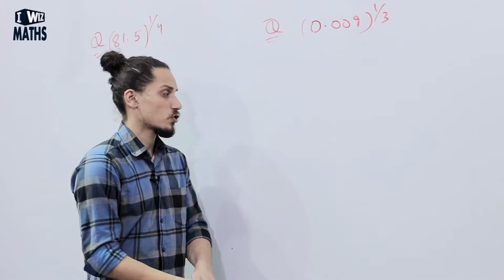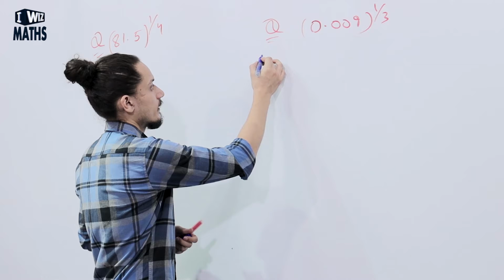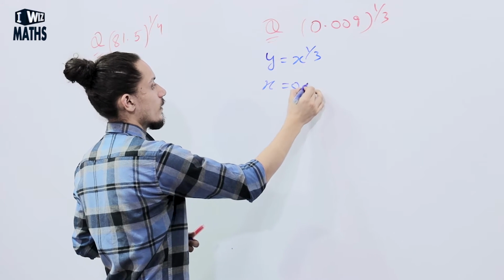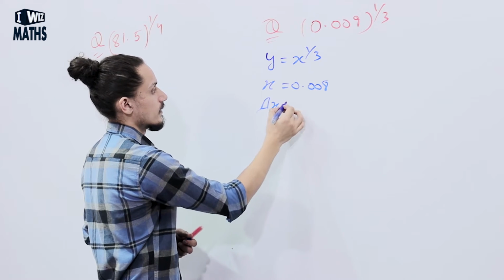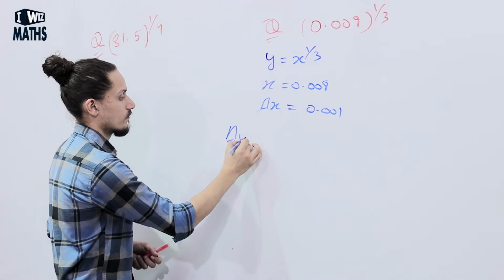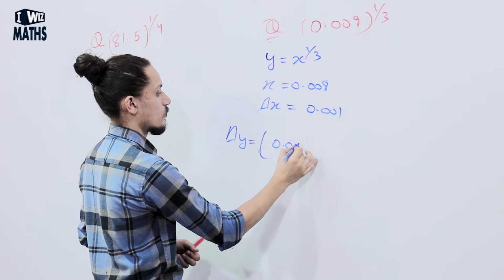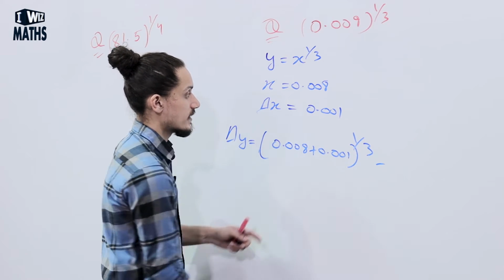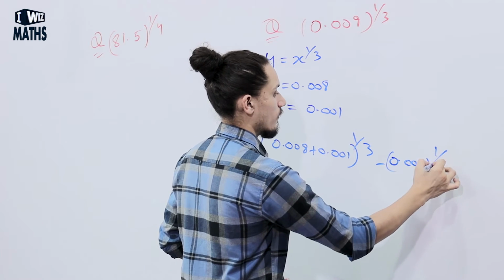Now we have to find the approximate value of 0.009 raised to power 1 by 3. Here y is equal to x raised to power 1 by 3, x is equal to 0.008 and small increment in x, delta x, is equal to 0.001. So delta y will be given as f of x plus delta x, that is 0.008 plus 0.001 raised to power 1 by 3 minus f of x, that is 0.008 raised to power 1 by 3.